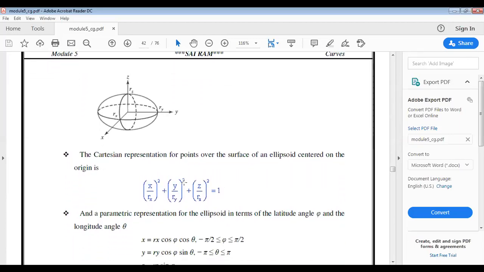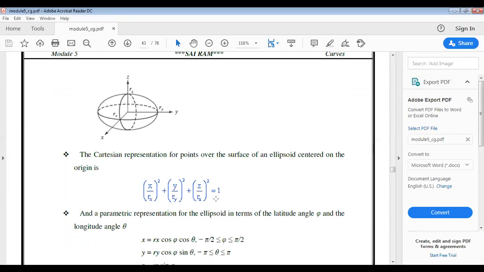So how do I represent an ellipse equation? I represent it like this: x square divided by rx square plus y square divided by ry square plus z square divided by rz square is equal to 1.